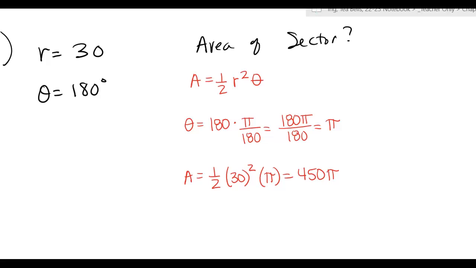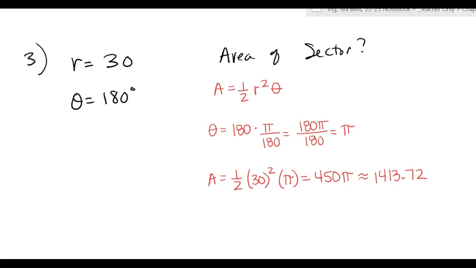Okay, if it had asked us to enter our answer in decimal form, this would estimate to about 1,413.72. Okay, so now that you have both equations, you can relate back and forth finding the area of the sector to the arc length, because you would have the same radius if you had to find both in a circle.